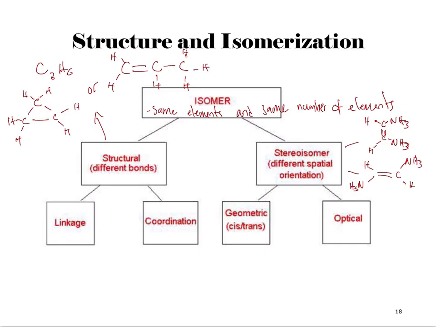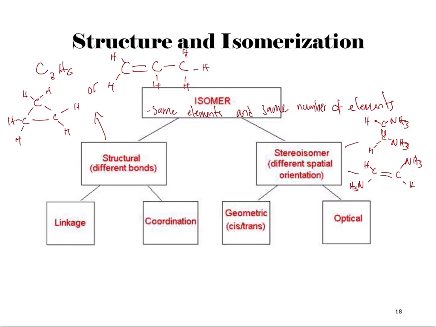And so they're still the exact same, right? Like this carbon atom here is still bonded to one hydrogen and one nitrogen. This carbon atom is still bonded to one hydrogen and one nitrogen. And it's the same for all the atoms, they still have the same connectivity, but the spatial arrangement of these two structures is completely different from each other.